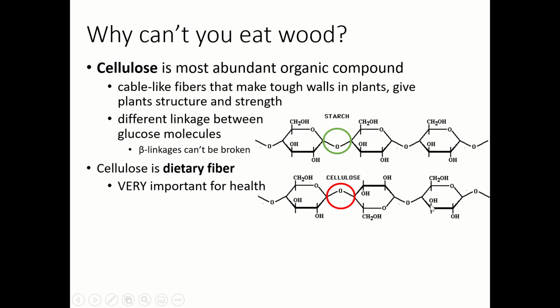This, then, cellulose, becomes what we call dietary fiber. And even though it's indigestible by your intestines, it is very, very important for your health because our intestines evolved on a diet high in fiber. And they depend on that bulk of plant tissue moving through the intestines to keep the intestines healthy. You also have bacteria in your gut that can digest some of the cellulose.